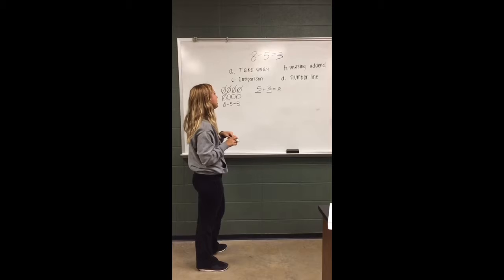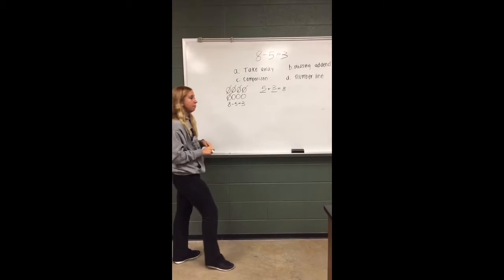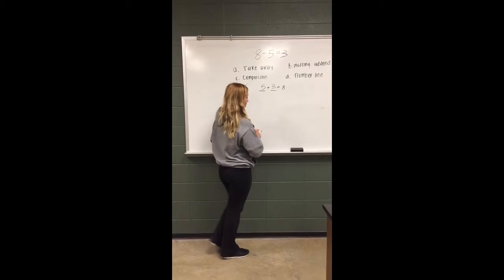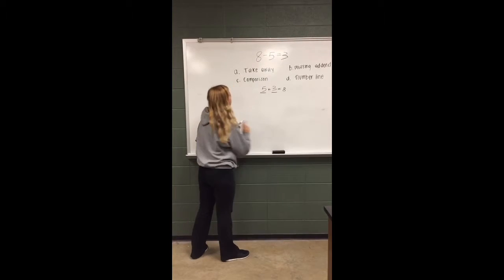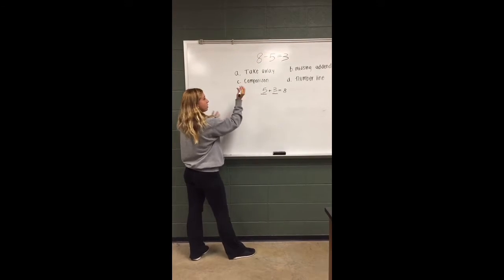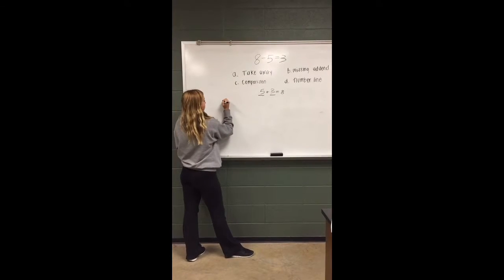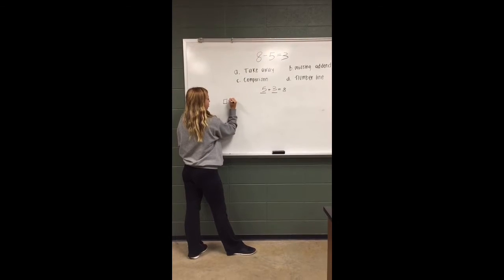Now we're going to do C, which is the comparison model. So the comparison model, I'll erase this one. The comparison model is going to be, I'm going to start again with 8. This time I will draw 8 squares.